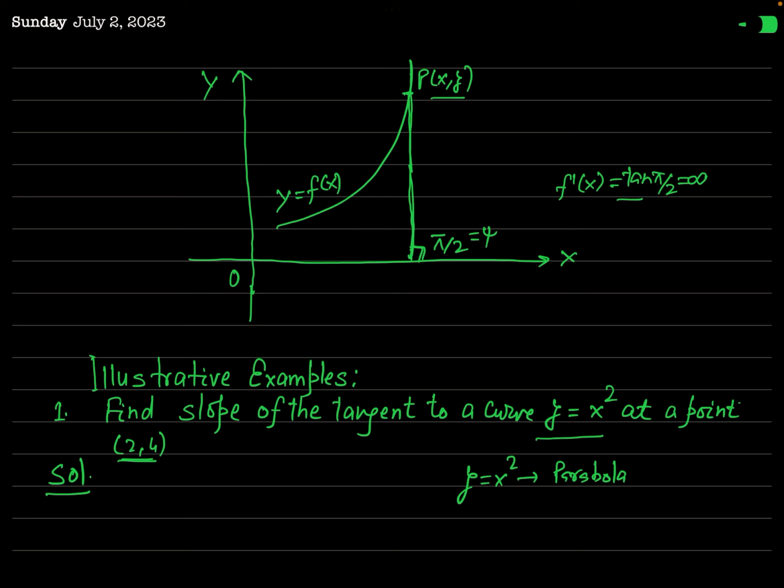But for your knowledge, this is just the equation of a parabola, because the standard equation of a parabola is x square equal to 4ay. This represents a parabola symmetric about the y-axis. At the place of the constant 4a, in this problem there is 1.